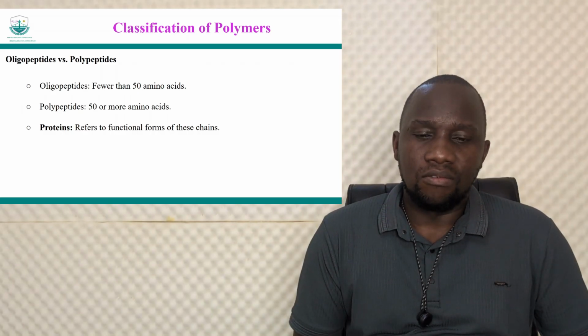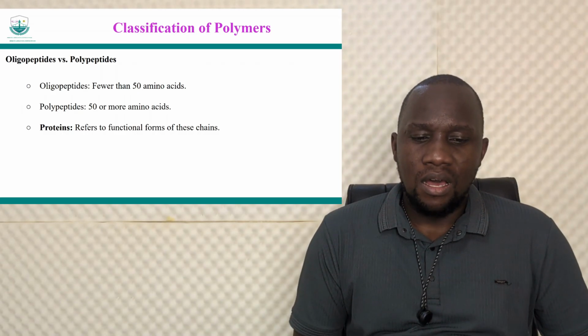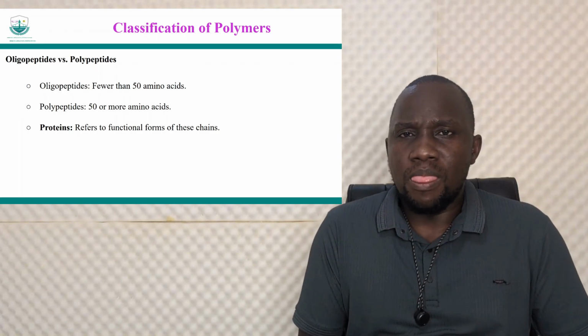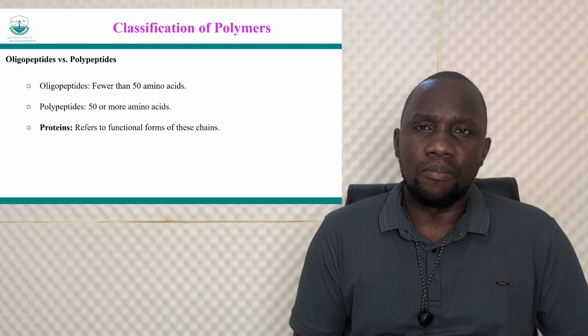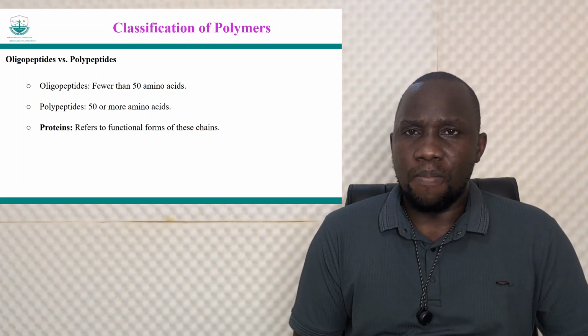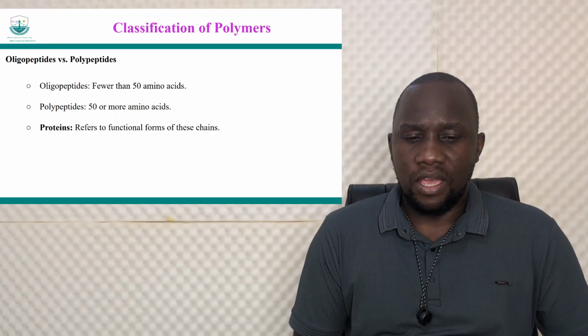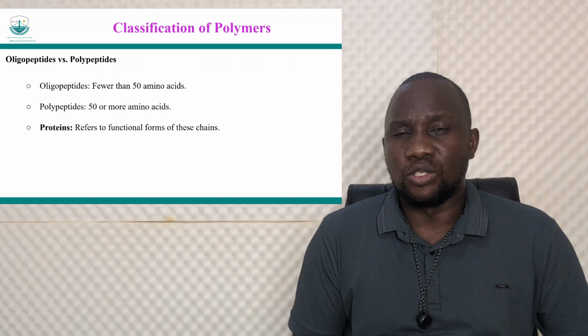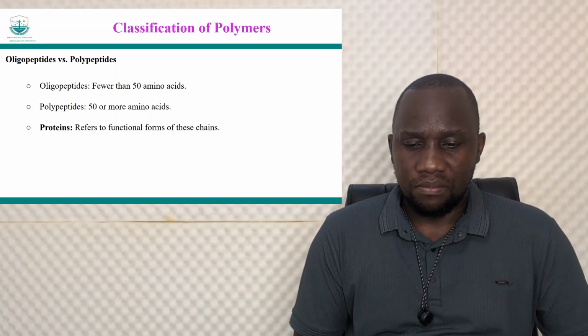And then, of course, when we talk about proteins, these are very long protein molecules consisting of polypeptides. So when we talk about polypeptides, we're basically referring to protein molecules.